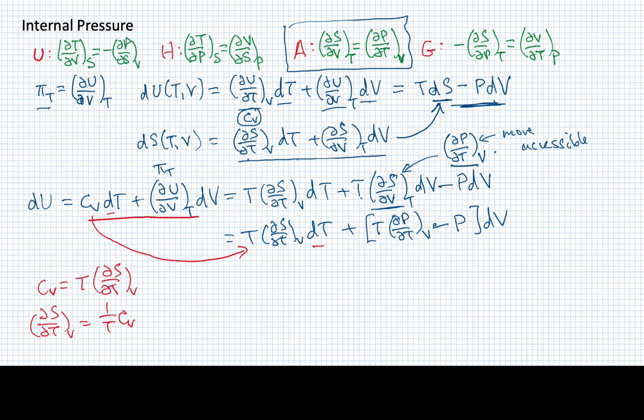The other thing here is that this term is going to be associated with this. In other words, my internal pressure, which is defined as dU/dV at constant temperature, is now equal to this thing in brackets.